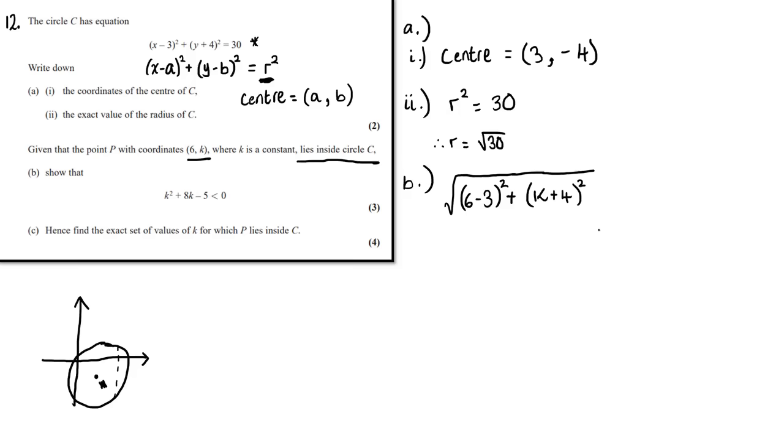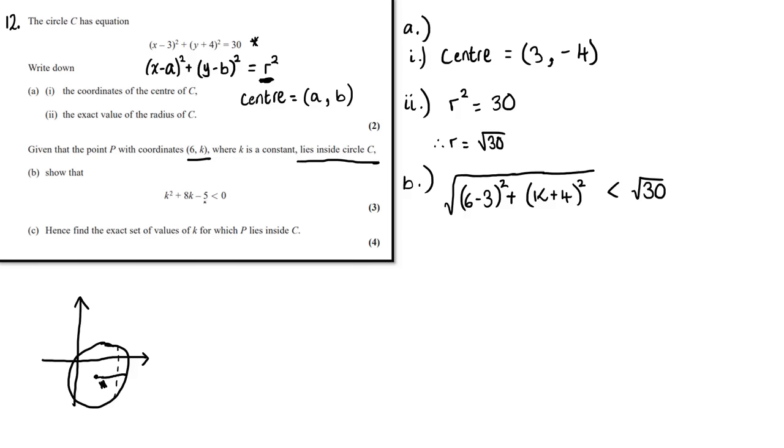And we've just said there that this value, because it lies inside the circle, must be less than the radius. Okay, if you think about the radius, that value from the centre to a point on the circumference is the square root of 30. So we know that any point here on this line must be less than the square root of 30. So we say that's less than the square root of 30. Okay, and from here now, this will eventually take us to this.